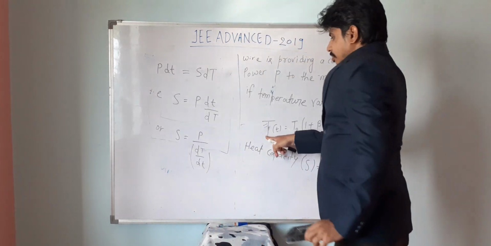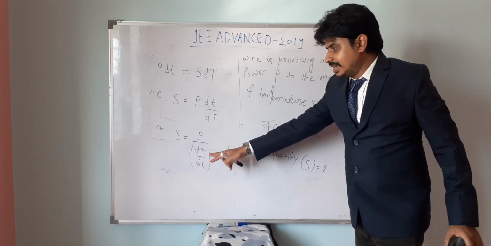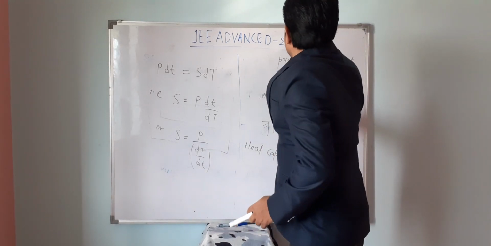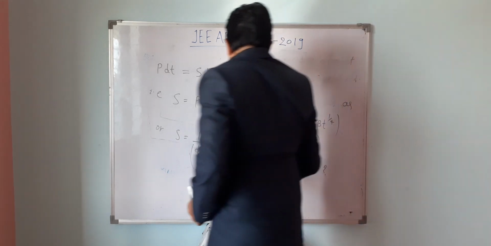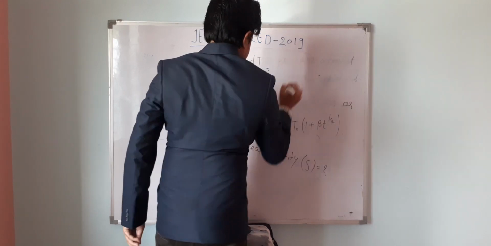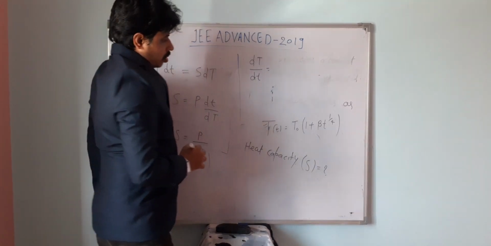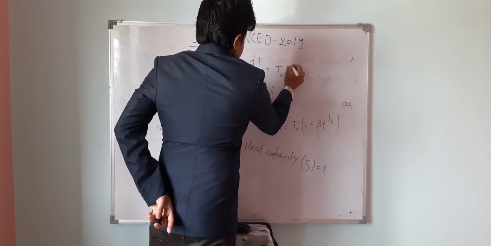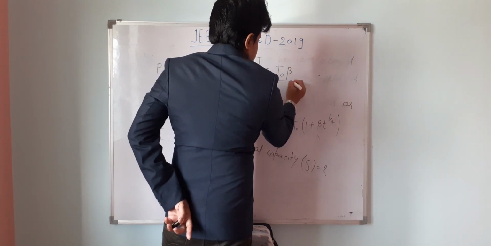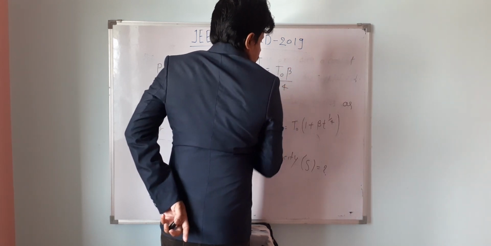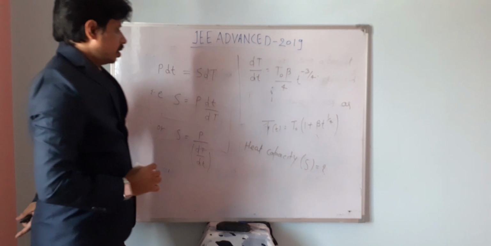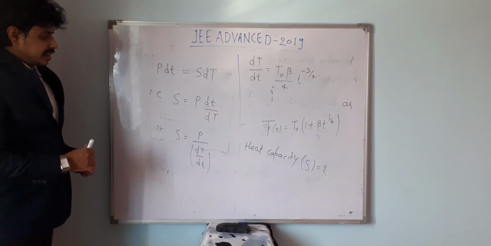So I have the function of temperature, so no problem, easily I can find its gradient. I can differentiate it with respect to time. So finding the temperature gradient, dT by dt is equal to T naught into beta by 4, t to the power minus 3 by 4. This is the temperature gradient.